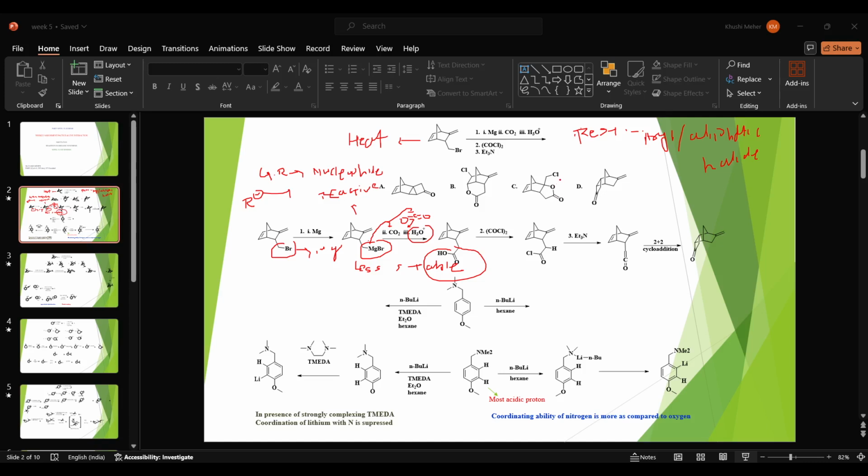After that, we have a base, triethylamine, because we have an alpha hydrogen atom. The base removes that alpha proton, followed by the removal of the chlorine atom, and we get the corresponding ketene. This is a highly reactive ketene intermediate.